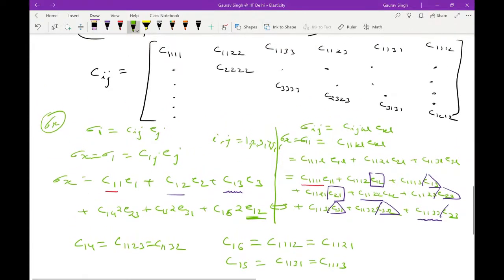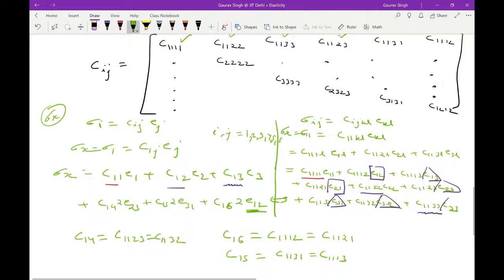Now you can see that C11 is equal to C1111, C12 is equal to C1122, C13 is equal to C1133, C14 is both equal to C1123 or C1132.